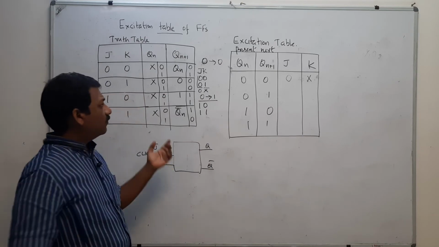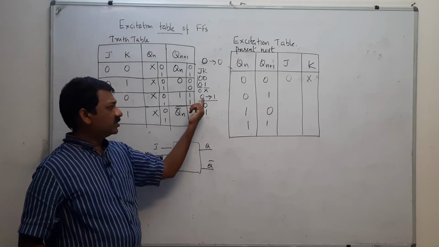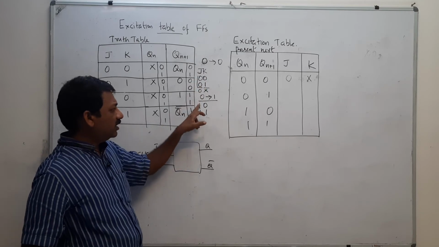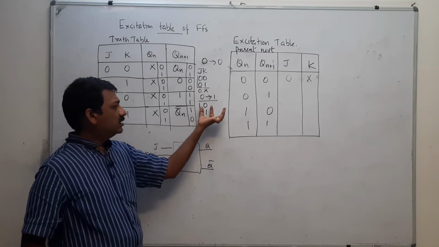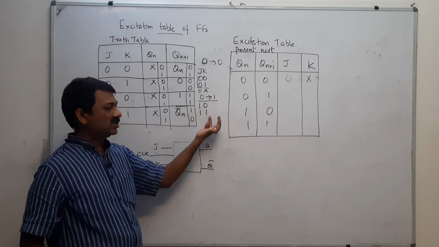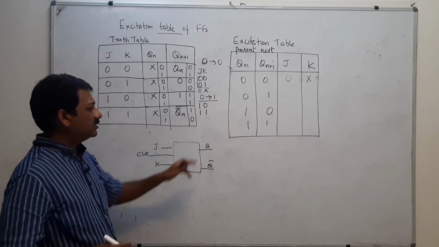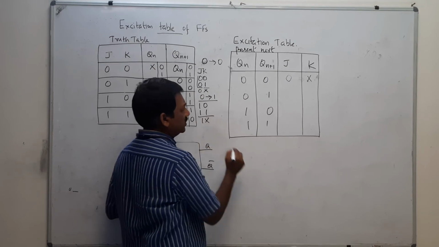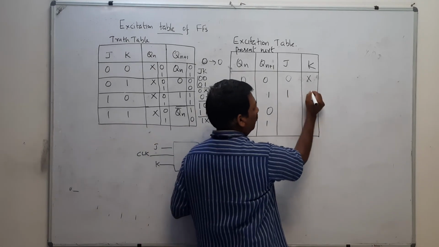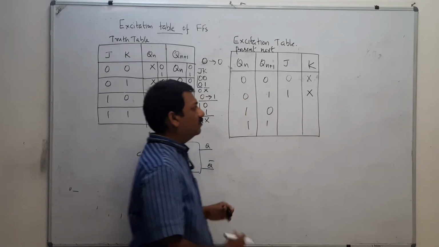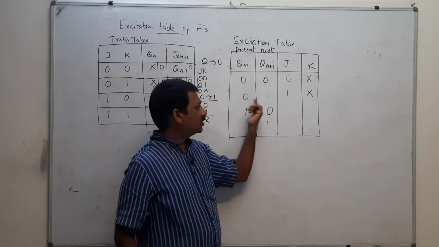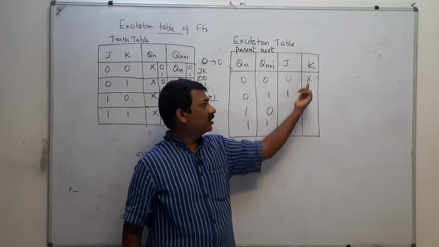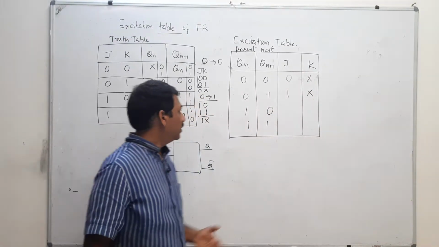If you want to have a transition from 0 to 1, the value of j should be 1 and this is varying. In that case I am going to have 1x. That means if you want to have a 0 to 1 transition, definitely this j should be 1 and we are not interested in the value of k.